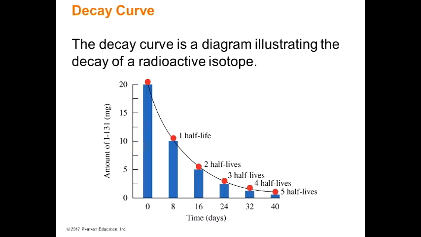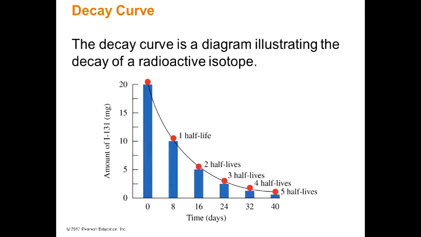If you see something like 12.5, you just double up, and that's how many half-lives. Here we show you an example: 20 milligrams to 10 milligrams to 5 milligrams to 2.5 milligrams. That's how half-life works.